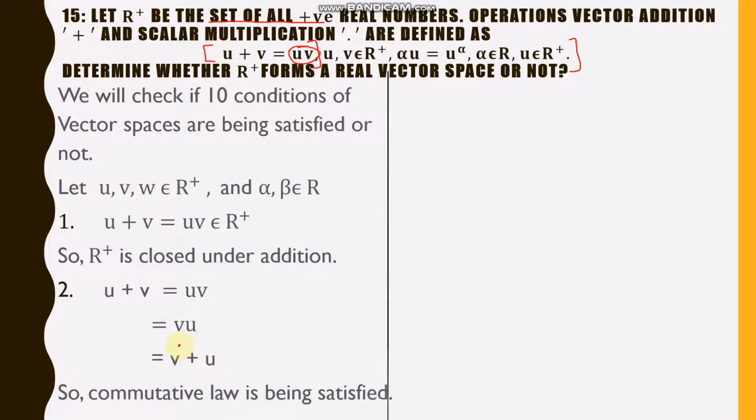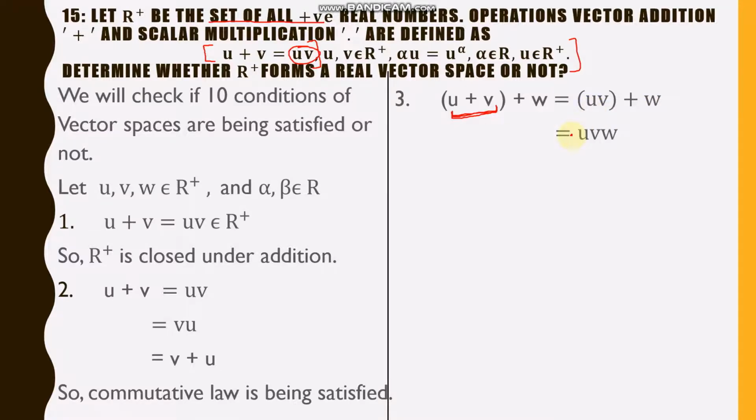Then next property, associative law. We'll check the associativity. So u plus v plus w will be equal to u plus (v plus w). Firstly we will apply the operation of addition here, so it will be u into v plus w. Now this is one element and we are adding another element w to this element, so it will be uvw.